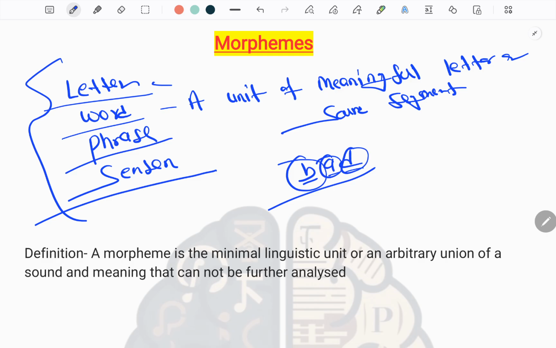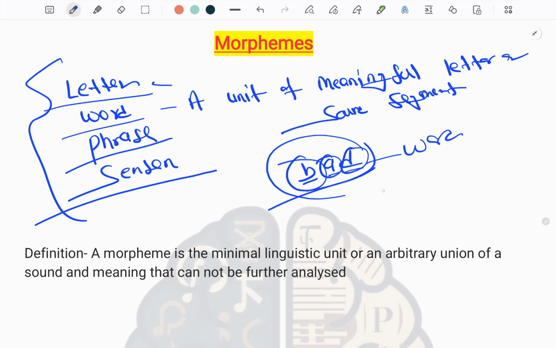But when we group them into a meaningful unit, when these letters are combined with each other, this is known to be a word. Remember that after combining these letters, there should be a meaning.